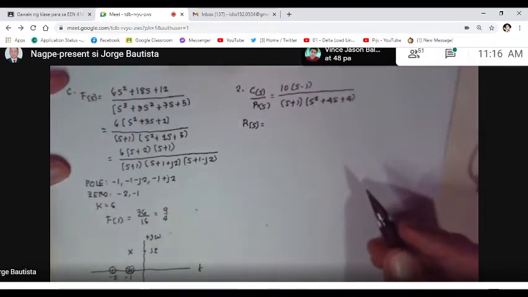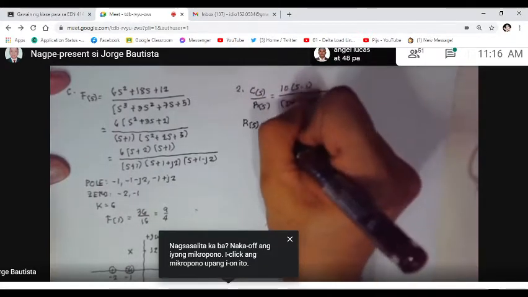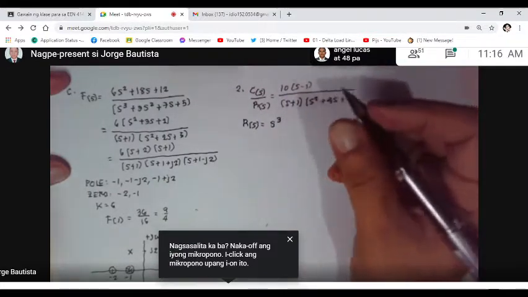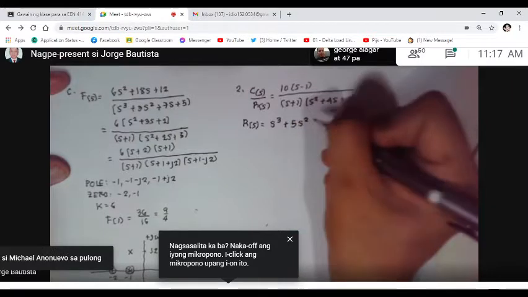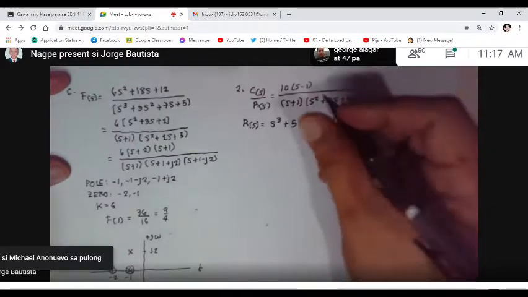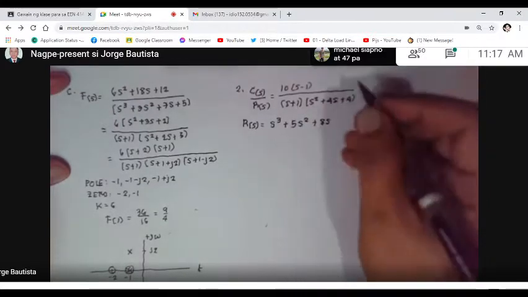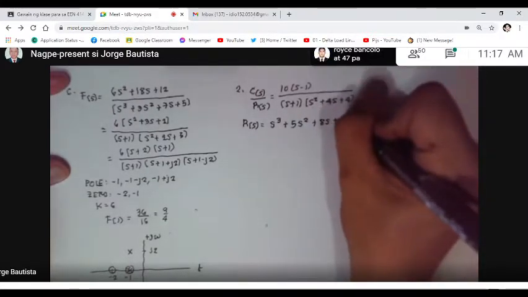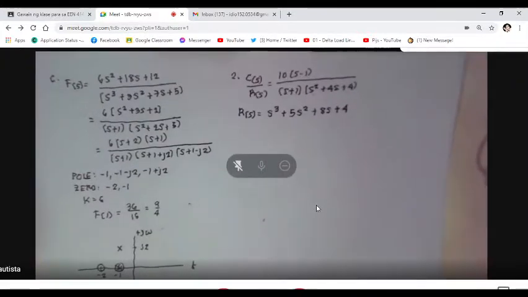So, pag multiply mo isa-isa yan, it will give you S cube plus 5S squared plus 8S, then plus 4. Okay? Oh, that is the characteristic equation. And then, ang hinahanap yung pole at saka 0 din.